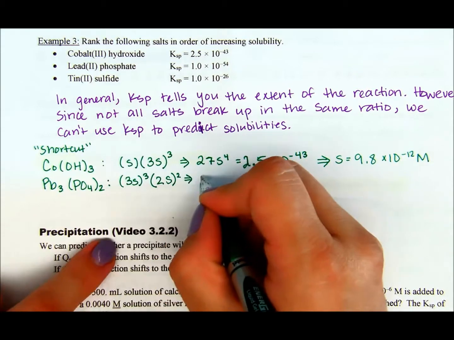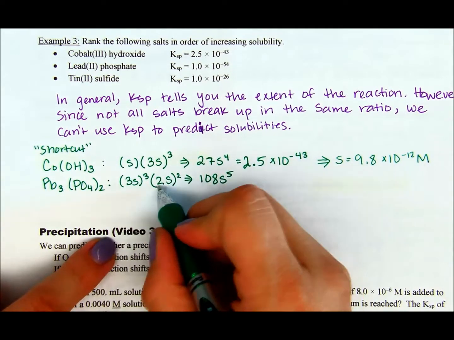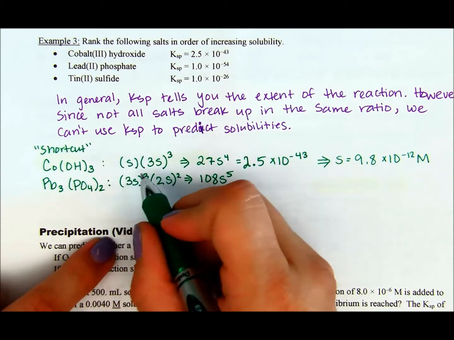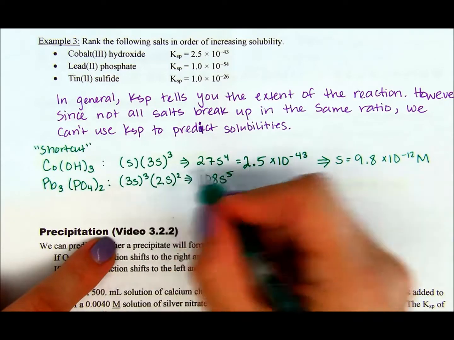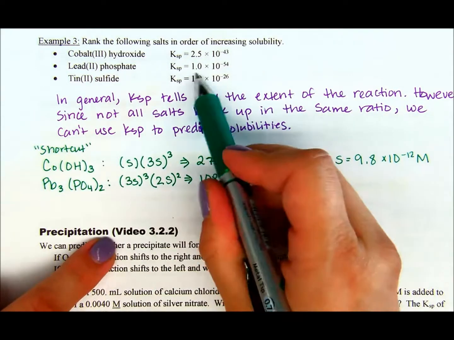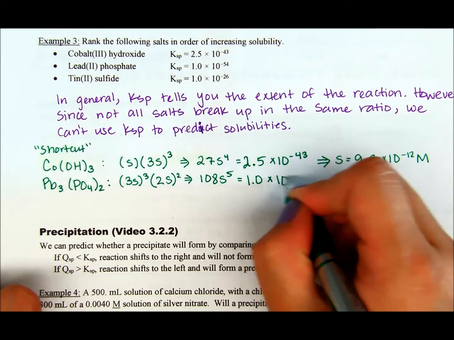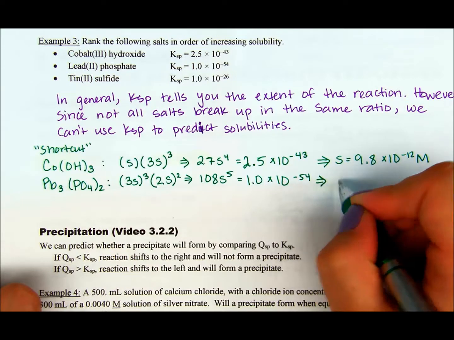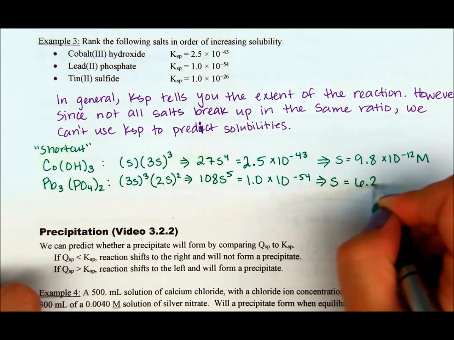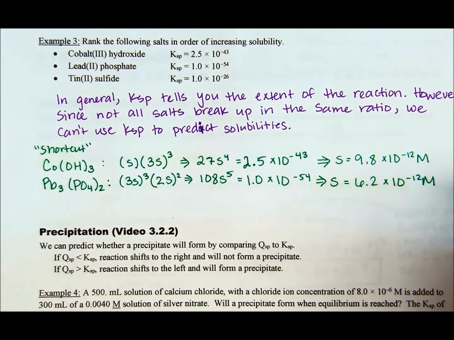Combining like terms, you get 108S to the 5th power, so 2 squared times 3 cubed gives you 108, and 3 plus 2 is 5. That equals the KSP, 1.0 times 10 to the negative 54. Plugging all that in, you get S equal to 6.2 times 10 to the negative 12 molar.